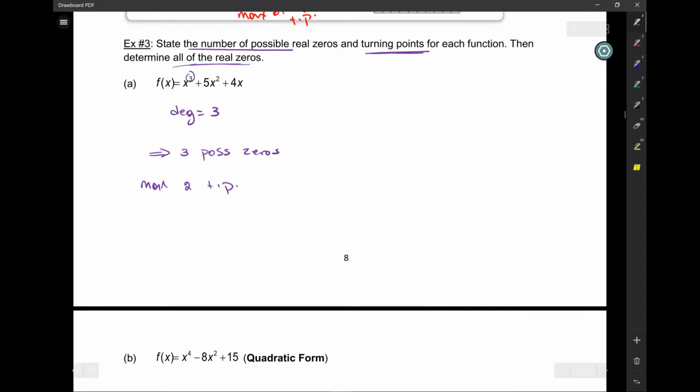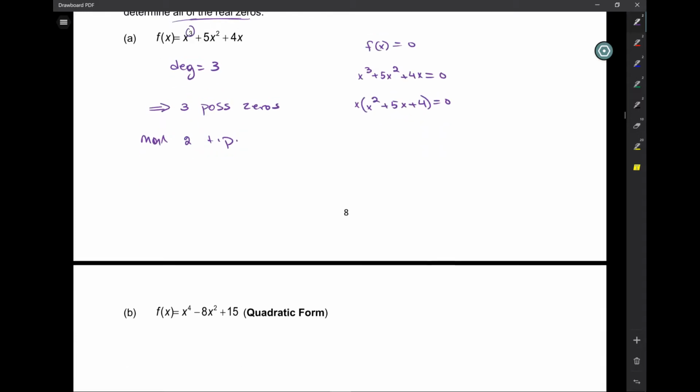Now it says determine all of the real zeros. So how do we determine the zeros? It's going to be f of x equals 0. So we're going to take this function and factor it. x plus 4, x plus 1.